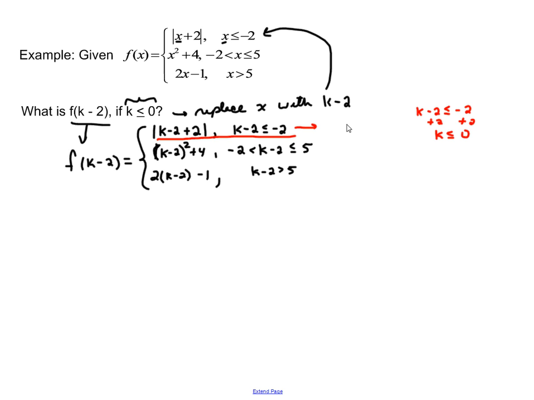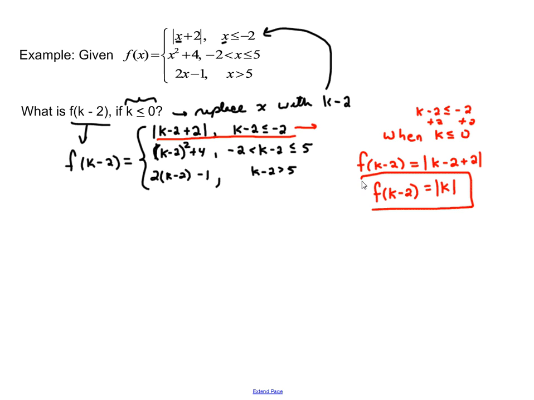What happens? Well, we're saying then that f of k minus 2 in this piece is equal to the absolute value of k minus 2 plus 2, so that when k is less than or equal to 0, f of k minus 2 is really the same thing as the absolute value of k when I simplify that down.